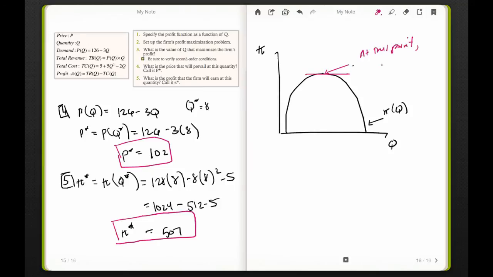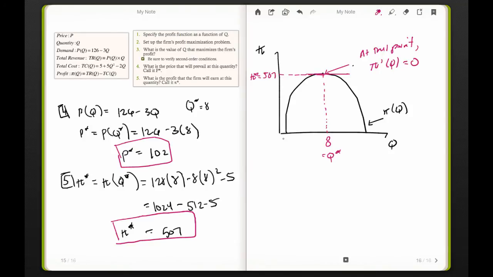So at this point, pi prime q is equal to 0. We found out with our specific function that this was 8. So this was our Q star. And then we plug that Q star back into the profit function, and we found out that it corresponded to a maximum value of 507.